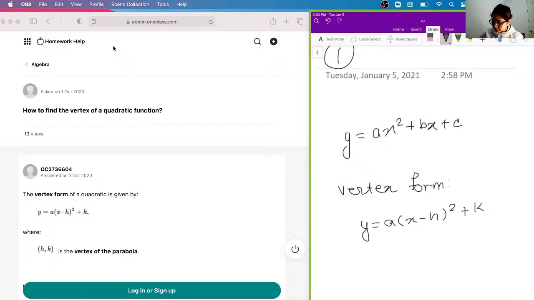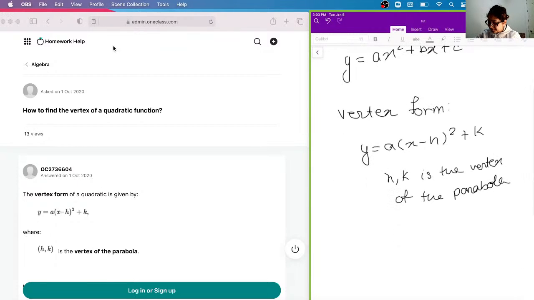Here, h and k give the vertex of the parabola. So you can imagine that h is basically your x value and k is basically your y value for your vertex.